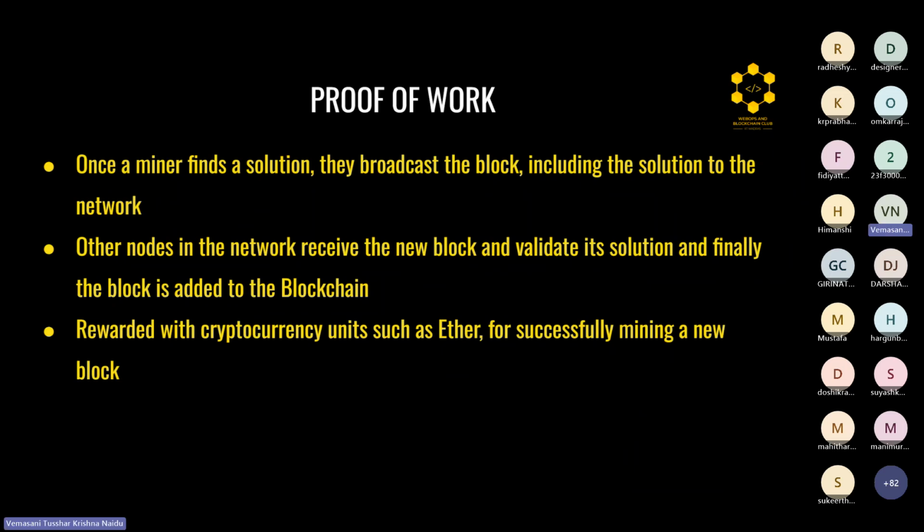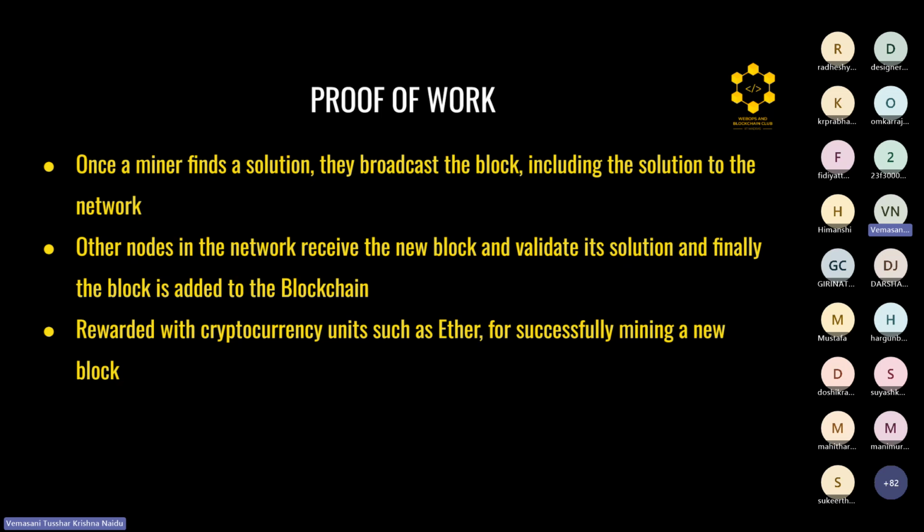After that, if one miner gets it, he receives the reward, but not just like that. First, the miner publishes the block and other nodes verify it. Once they have verified the block, they add it to their blockchain and the miner gets the reward. As you can see, this is very, very computationally expensive.